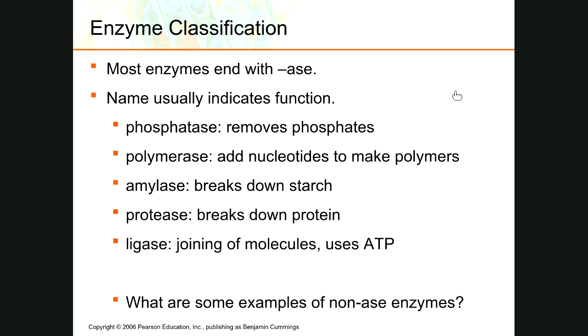Most of these are proteases, but an enzyme that does not end with ase. Nobody knows? Does anyone like to eat pineapple, fresh pineapple? Nobody likes pineapple?